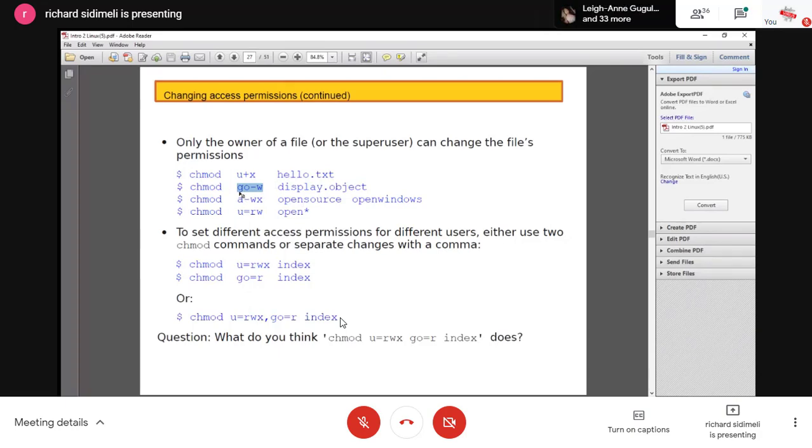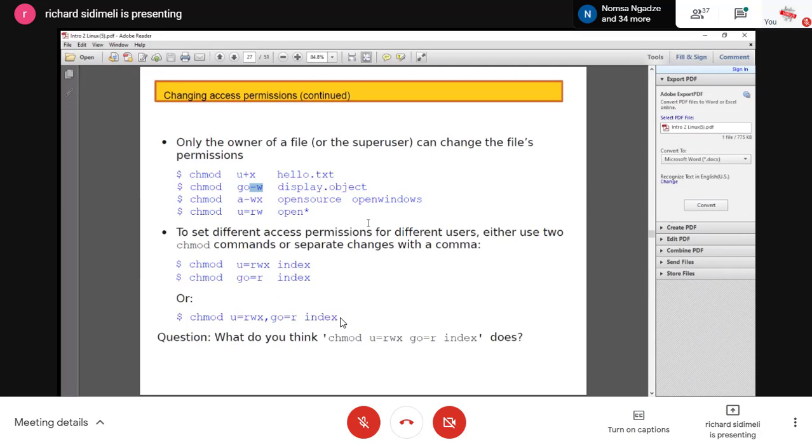Here we are saying G and O, which means G, which is group, and O, which is others, cannot write on this machine. So we say minus W. When we say minus W, we are saying remove the ability to write on group and on others, which means the only person who can write is the user. It's the admin, man. And so on and so on.